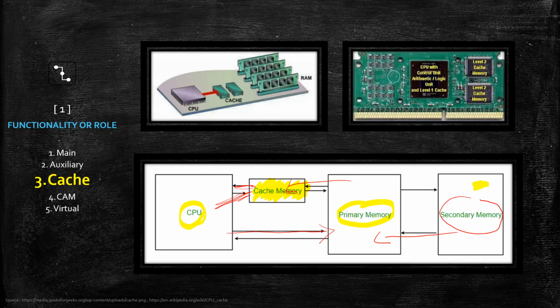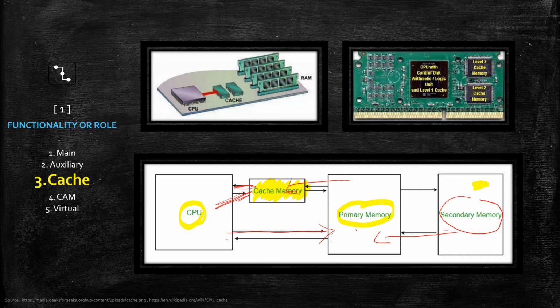Then the primary memory is a little bit over here. Compared to the secondary memory it is closer to the CPU, but compared to cache it is far from the CPU. So this is just a basic idea about the cache memory, where it actually resides. And of course, this cache is very small but very fast, and as you can see, it is located very close to the processor, so it stores copies of the data from frequently used main memory locations.